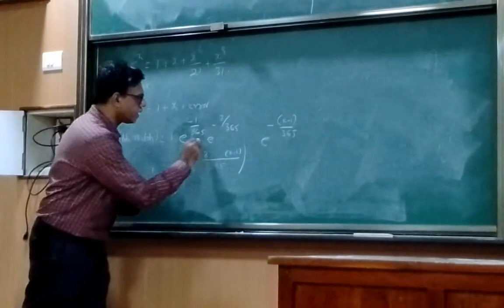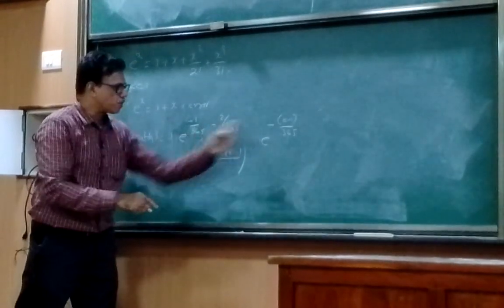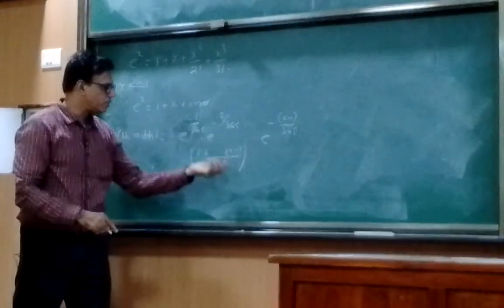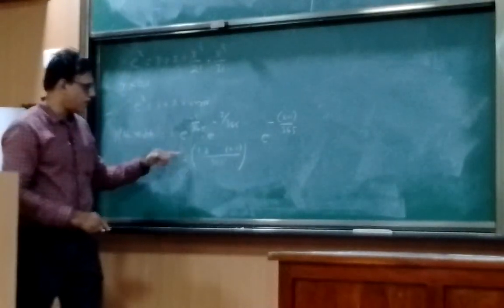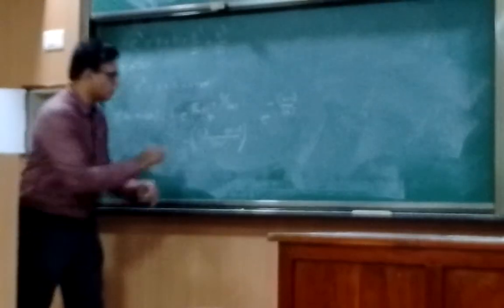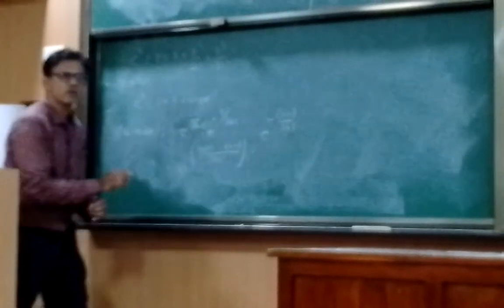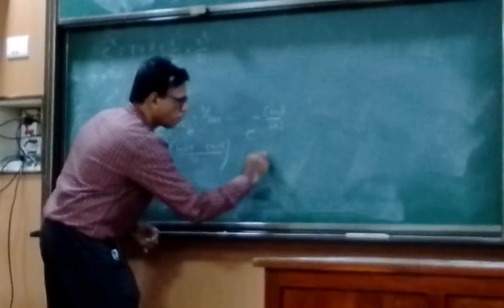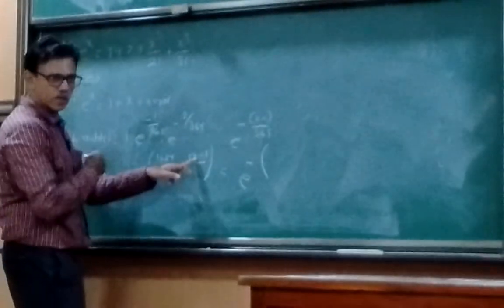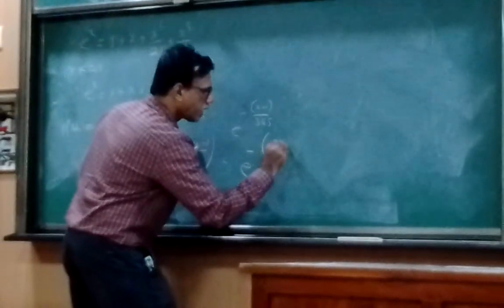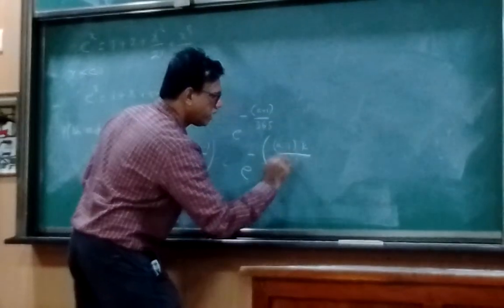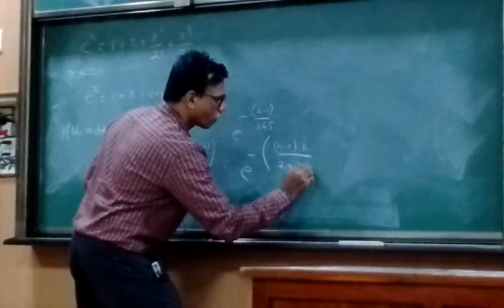Because these are multiplying, the exponents get added up. The common denominator is 365, and I have taken the minus sign outside. It is 1 plus 2 plus up to k minus 1, the summation, which is (k minus 1) into k by 2, over 365. This is what you get.